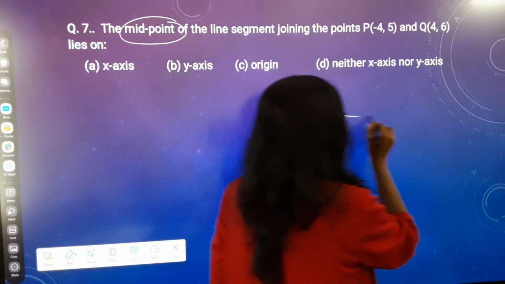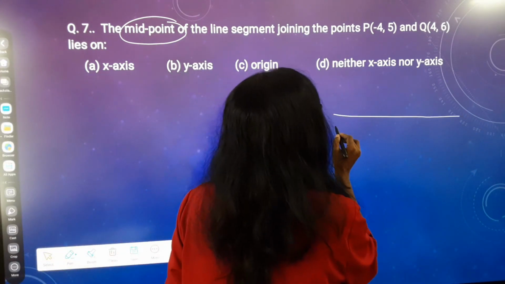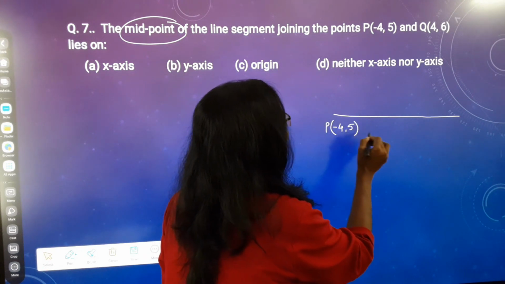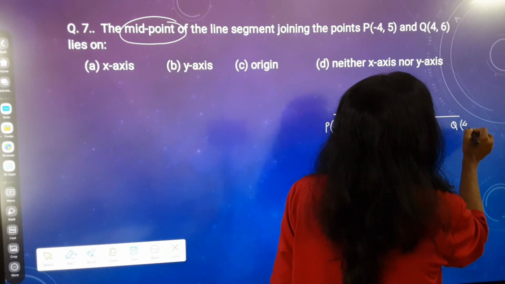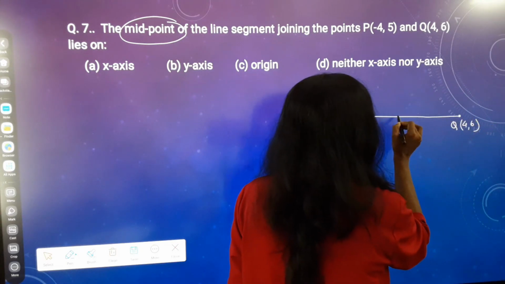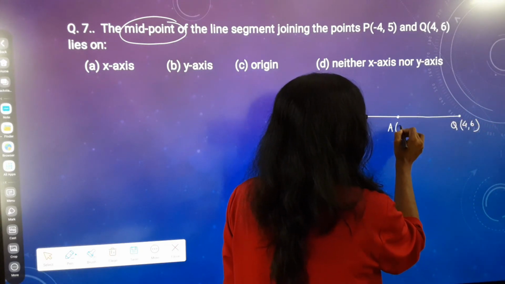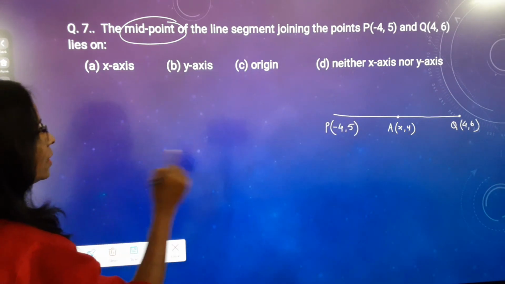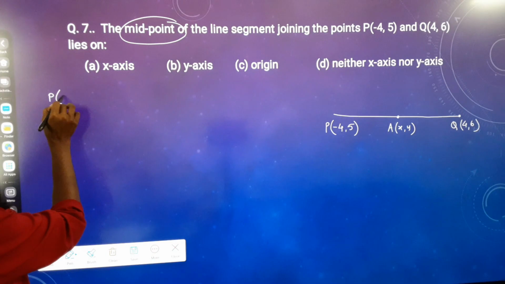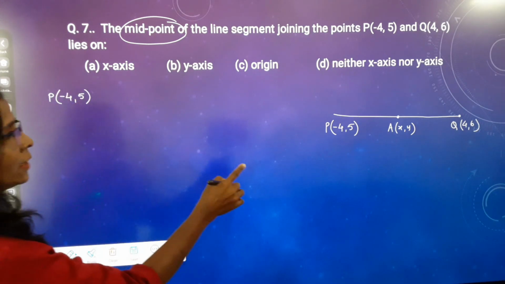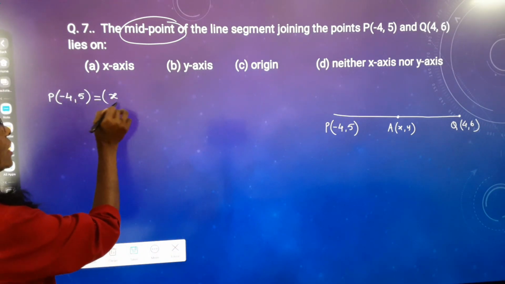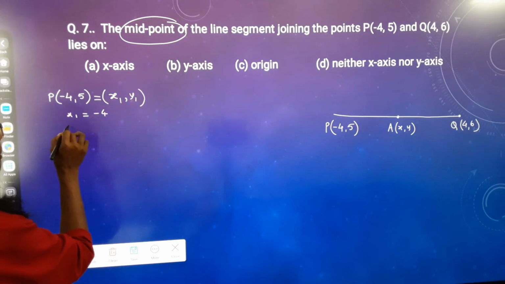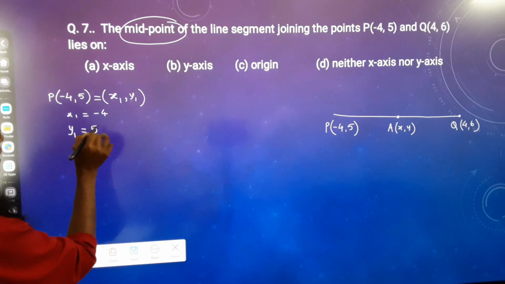Suppose I draw here the line segment, with P(-4, 5) and Q(4, 6), and here the midpoint, and name it as A(x, y). The first point is P(-4, 5), so consider it as x1, y1: x1 is equal to -4, y1 is equal to 5.